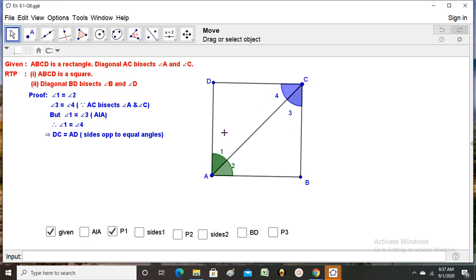The sides opposite to angles 1 and 4 are also equal, DC equals AD, meaning in a rectangle the pairs of adjacent sides are equal, meaning these two sides we just proved equal.